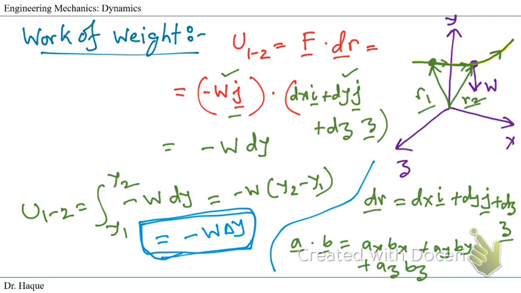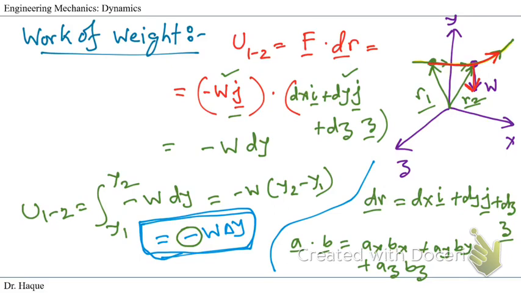Now the question comes, why is the work negative? Because the particle is moving kind of upward, and the force is working downward.